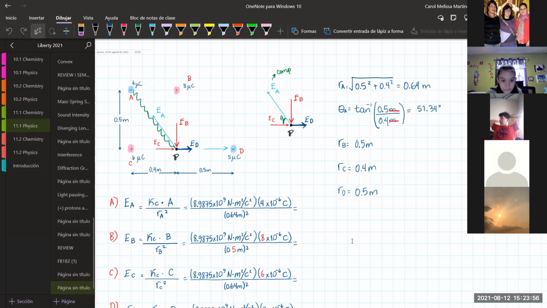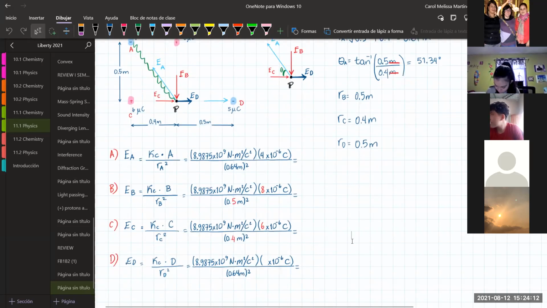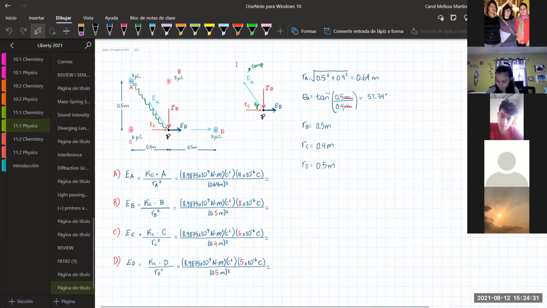And the distance between the charges is not 0.64, it is 0.4 meters. In the last one, instead of 4, I have a charge of 5 microcoulombs, and the distance between them is 0.5. If I work like this, I work faster. Now, you can skip it, but in the end, you're going to be working more than needed.